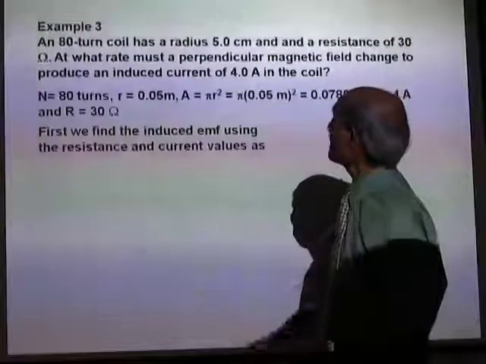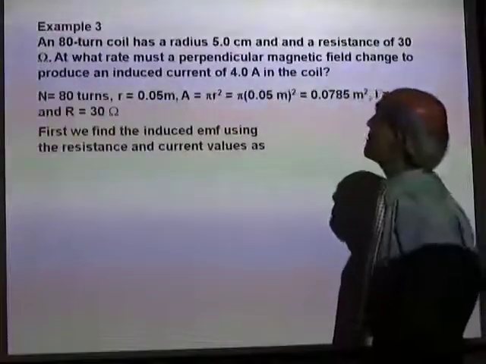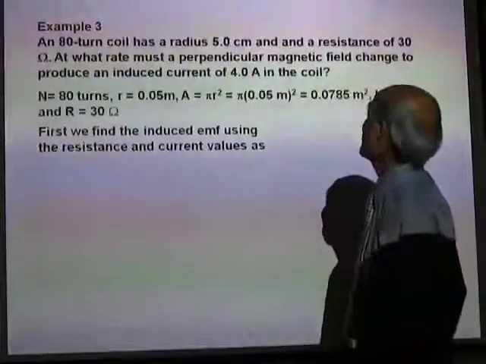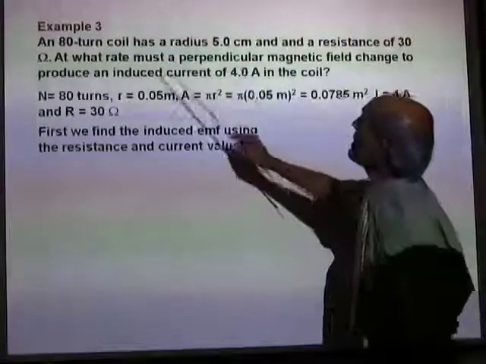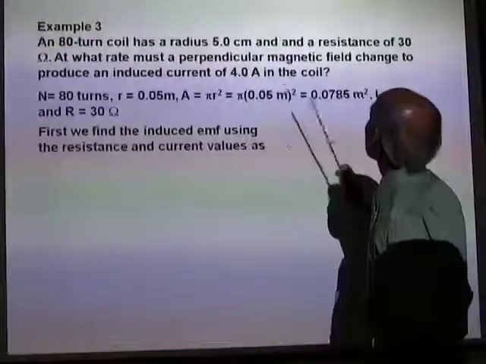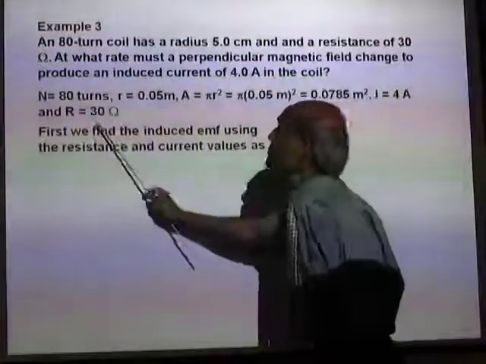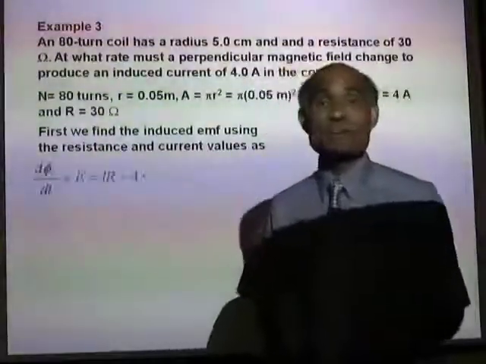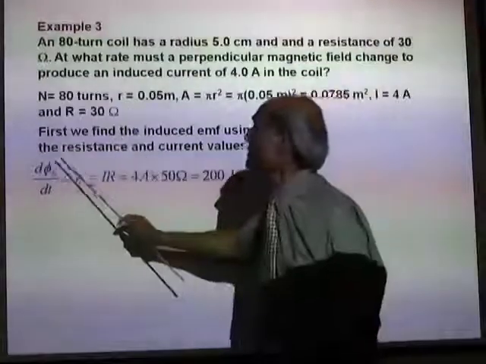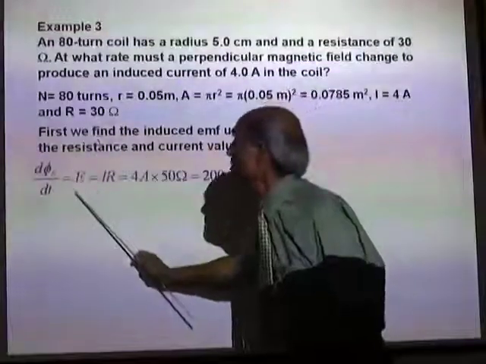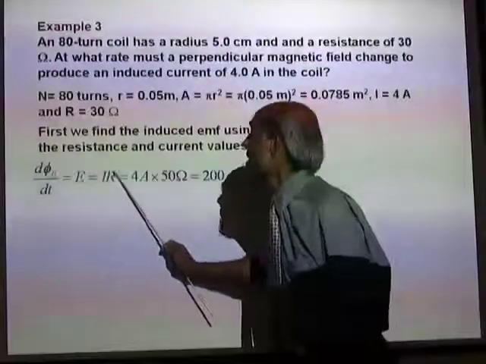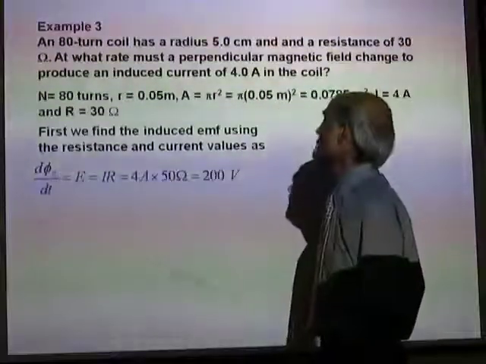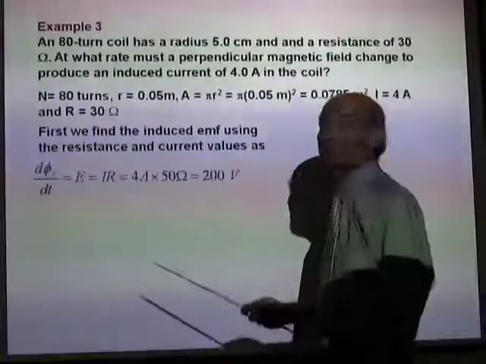Well, first we find the induced EMF by using the resistance and the current values. We are given the induced current, we know the resistance. If you know those two, we can calculate the induced EMF. What is the induced EMF? We have induced EMF E is I times R, and that will be 4 ampere times 50 ohms, that is 200 volts.